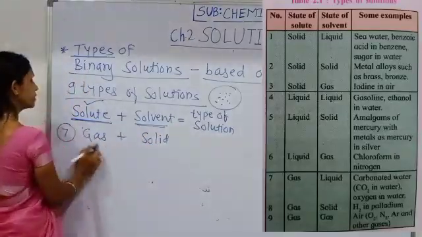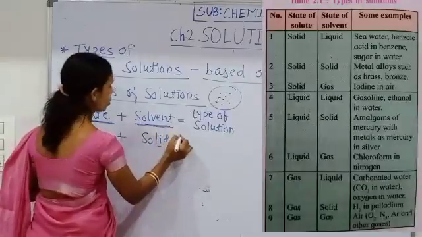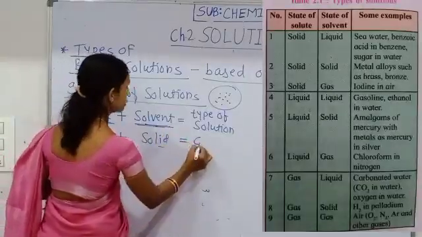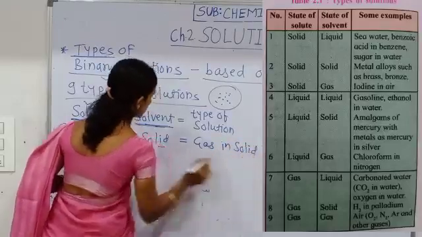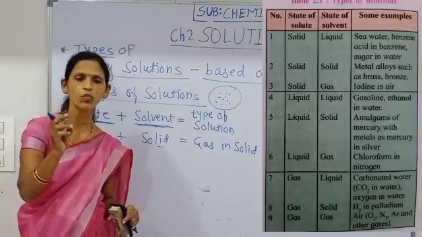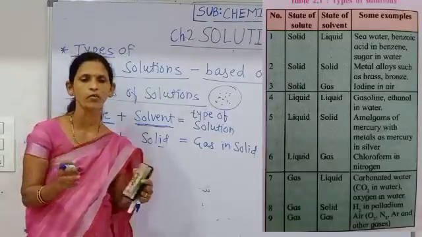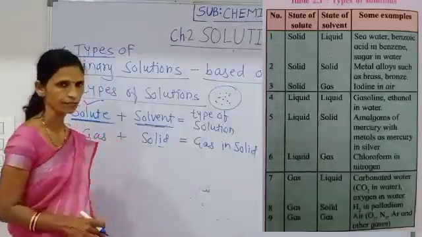Gas plus solid, where the gaseous substance is the solute and the solid is the solvent. That solution is known as gas in solid. Here the gaseous particles are present in a very small content, whereas the solid particles are present in a larger amount.